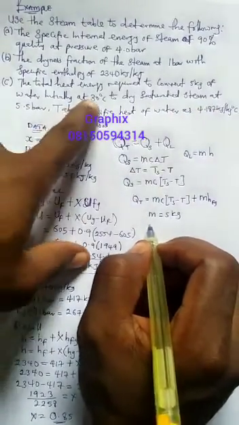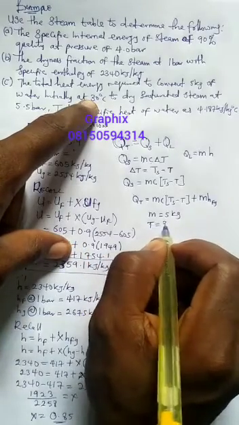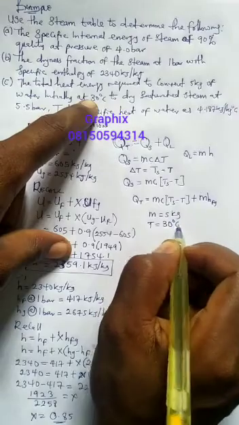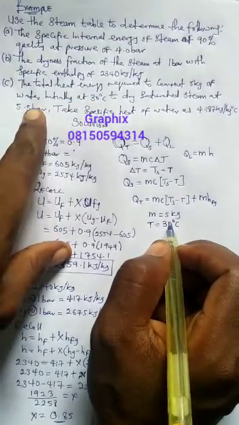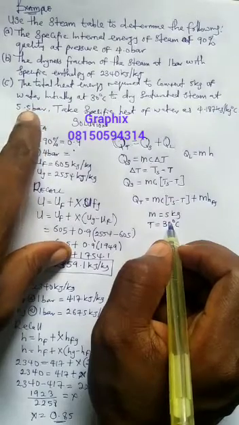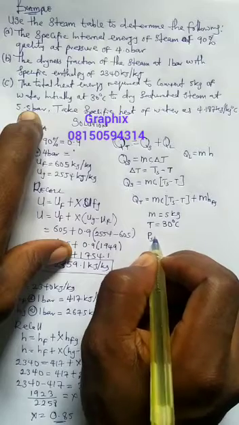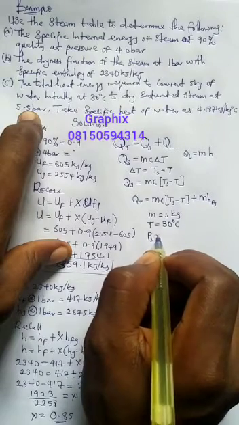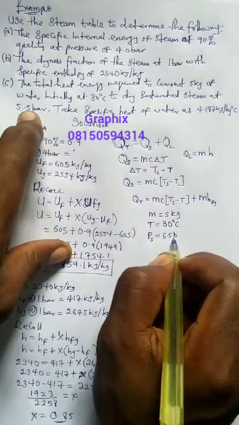Initially, the normal temperature, T, is given as 30 degrees Celsius. Now, for you to get saturated temperature, you get it from the saturated pressure. Our saturated pressure, PS, is equal to 5.5 bar, right?